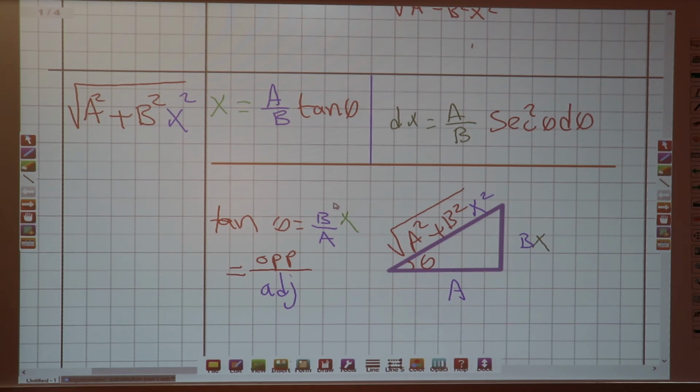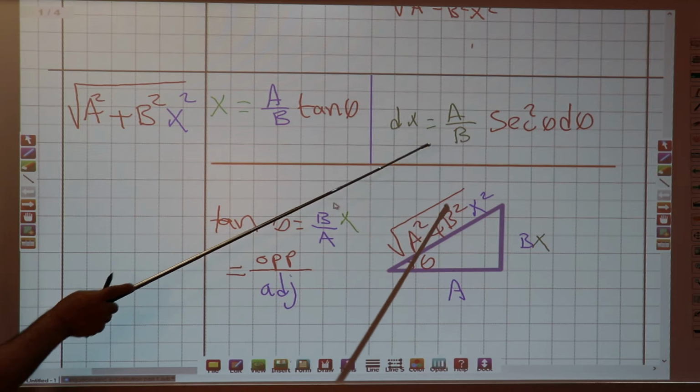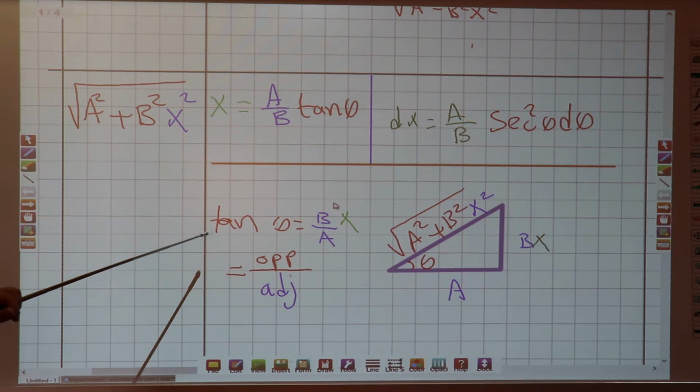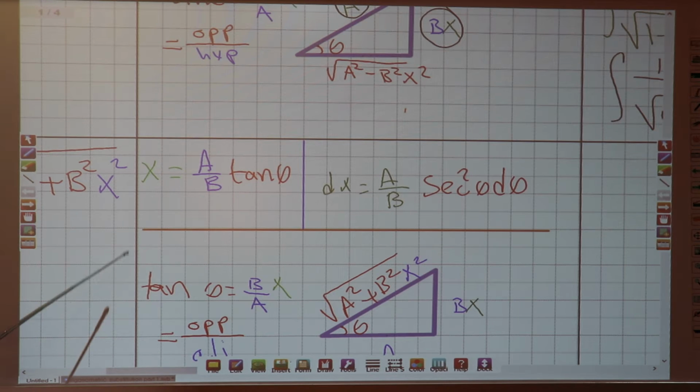When we have a squared plus b squared x squared, when we have plus, not minus, my substitution will be x equals a over b tan theta, and dx will be a over b secant square theta d theta.